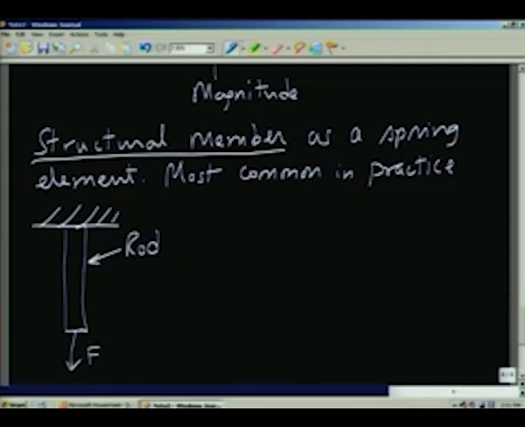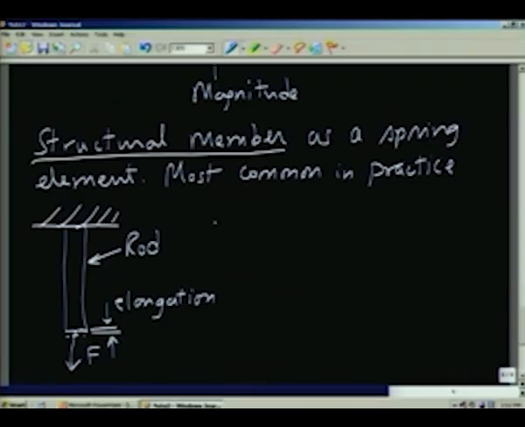The force is applied to the end which is free, and because of the force it will undergo a displacement. So this will move slightly downwards, just like in the case of a spring. This displacement, this elongation if you want to call it, is a measure of the force.